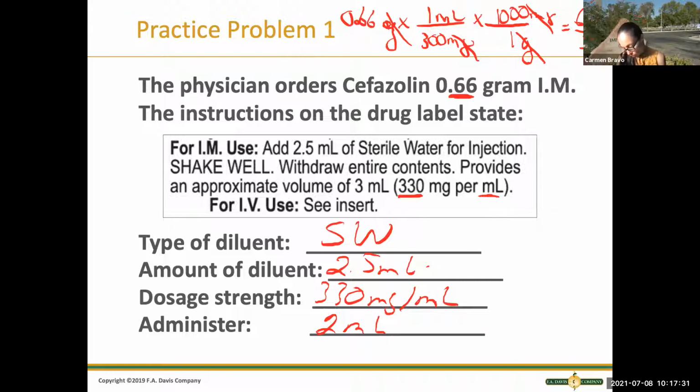It's going to be 2 mL. Sorry, my mental multiplication didn't go well. So anyway, it's going to be 2 mL because it's 660 divided by 330.